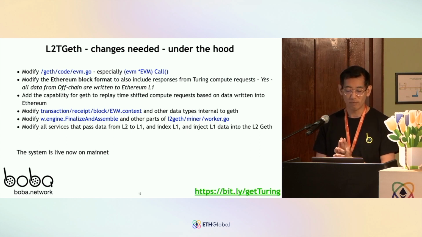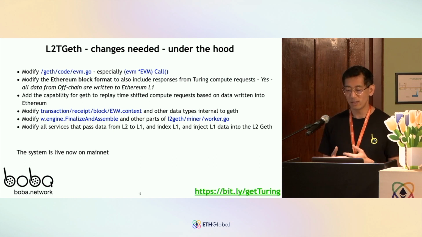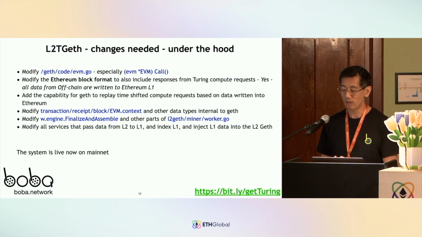We also needed to modify all the services that pass data from layer 2 to layer 1, how you index layer 1, how you inject layer 1 data into the layer 2 Geth. And then we tested and tested and tested. Finally rolled out Turing on Rinkeby during East Denver, and then a month later made it live on mainnet.